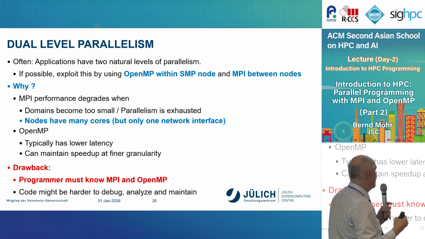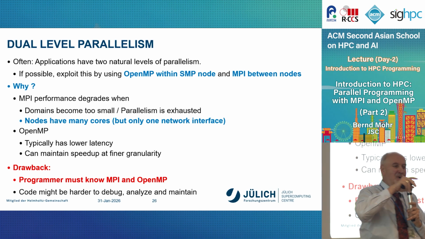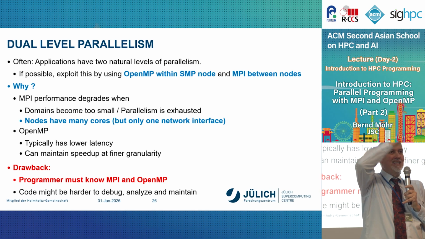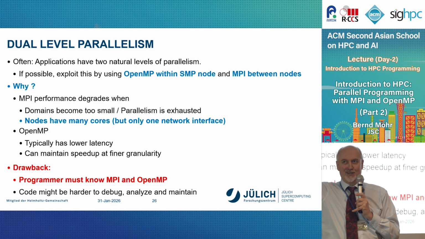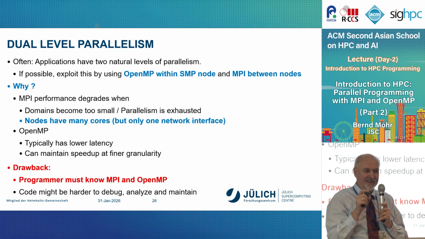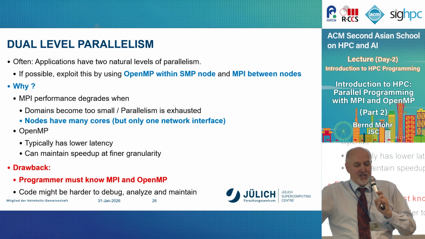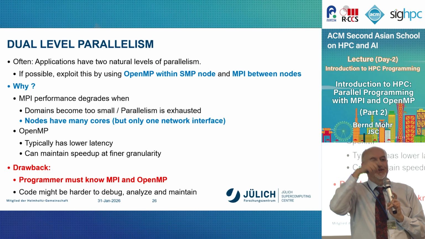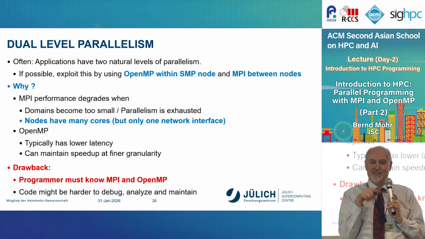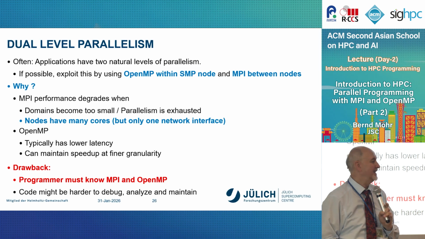So what you typically do is use both. You use MPI to create large blocks of your distribution, and you send messages in between. Then inside each of the blocks, you still have loops over these blocks, and you use OpenMP inside the node for the threading.